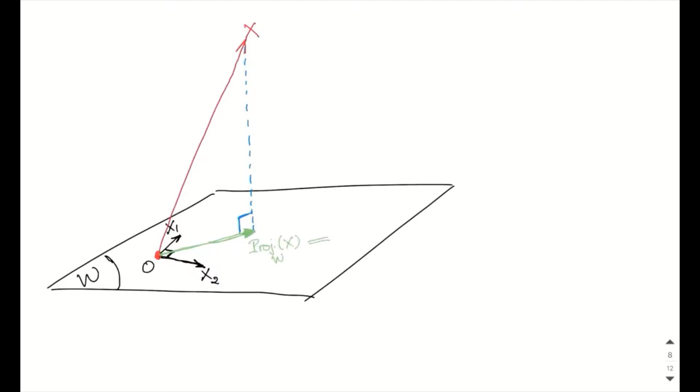By theorem 6.4, it's actually the x dot x1 over x1 dot x1 multiplied with x1, plus x dot x2 over x2 dot x2. That's going to give you the second scalar, and then you multiply with x2 scalarly. This is the projection, right?